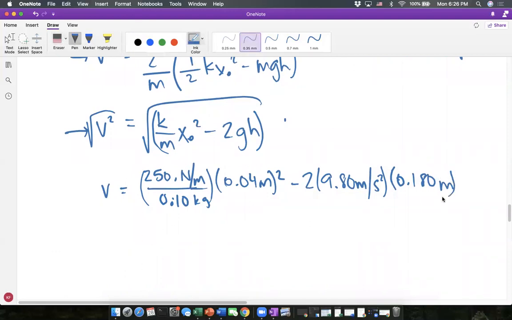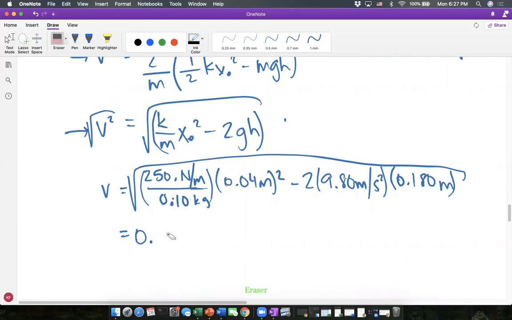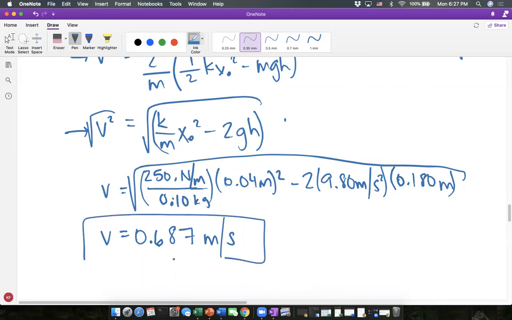Now all of that is going to be under a big square root. And so our velocity turns out to be 687 meters per second. So that is going to be our velocity at our height, h.